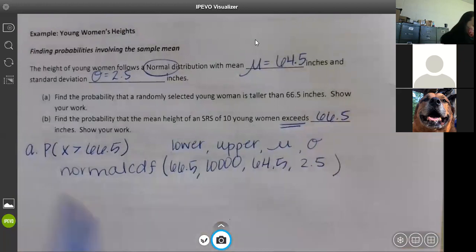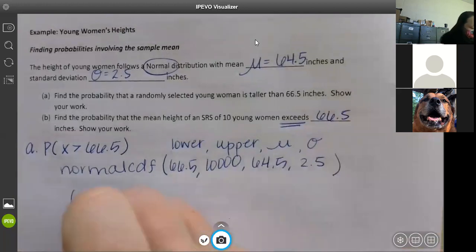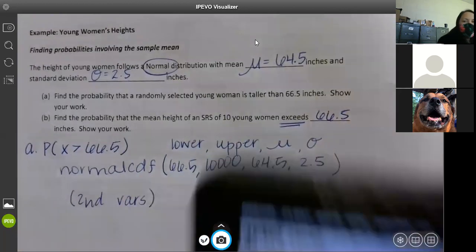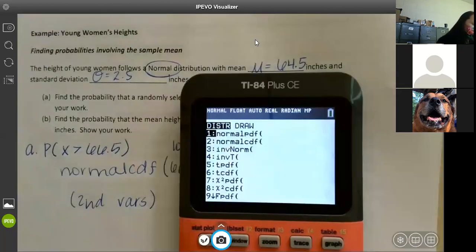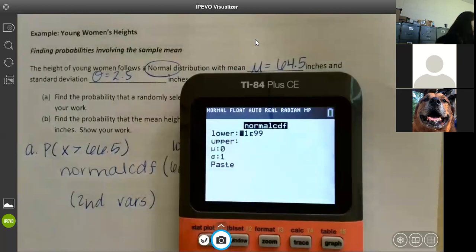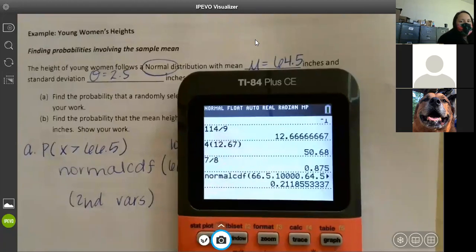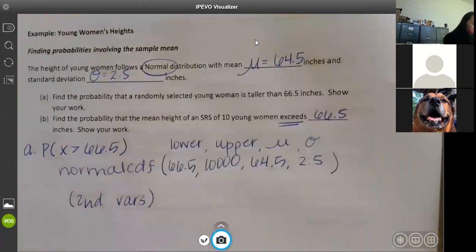Second VARS, just to remind you. We're doing normal CDF. Our lower was 66.5, our upper was 10,000, 64.5, and 2.5, and we get 0.2119.